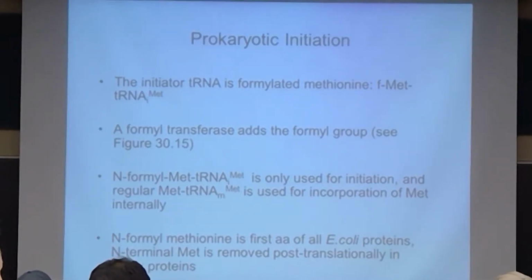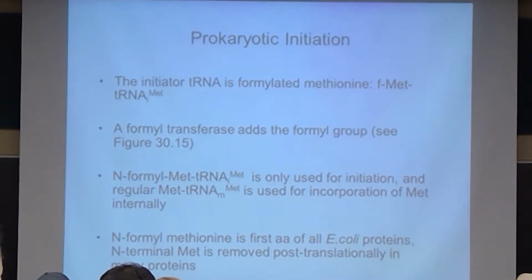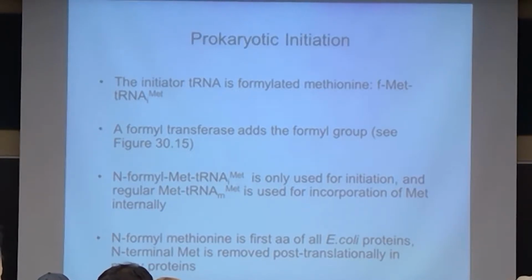Okay. So you have a big protein, correct? The first amino acid has to be what? Methionine, correct? But in a big protein you have many more methionine groups. So how does the cell decide which one is the initiator?